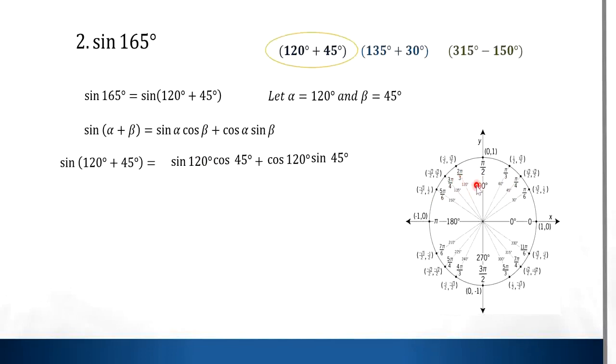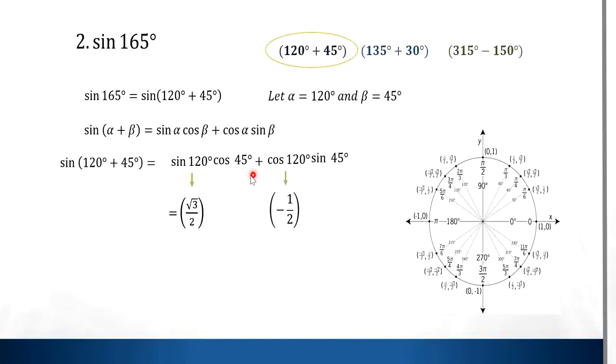Again, the sine value is the y value while our cosine value is the x value. So, meaning, when we look for sine, that is square root of 3 over 2. So, let's replace this with square root of 3 over 2. While our cosine 120, that is the x value, is equal now to negative 1 half. So, our cosine 120, let's replace that as negative 1 half.